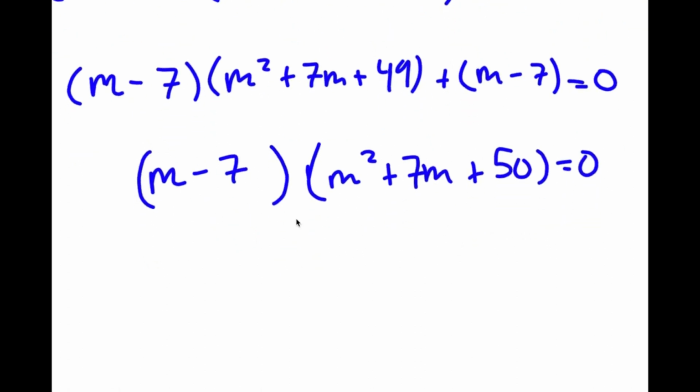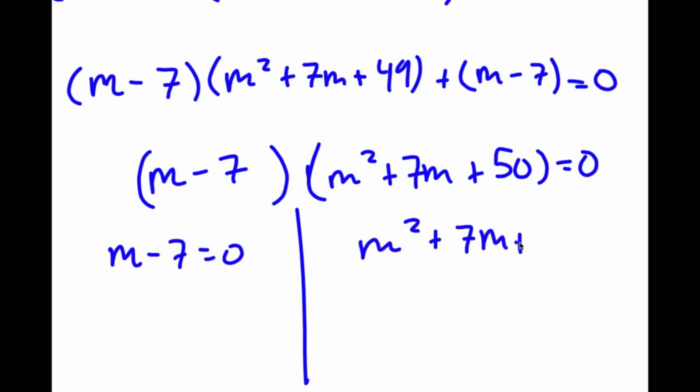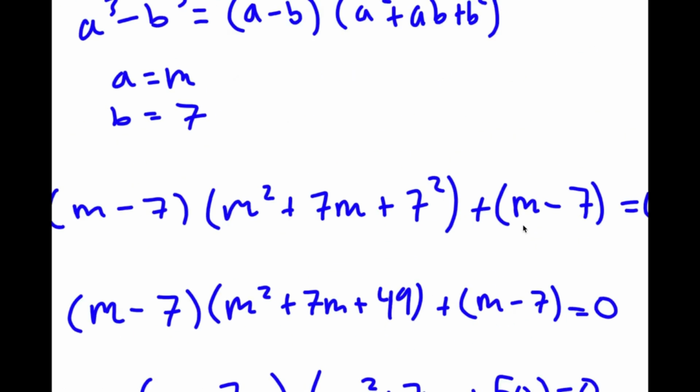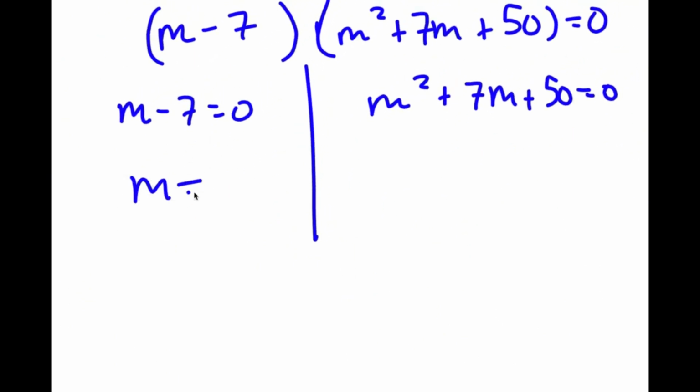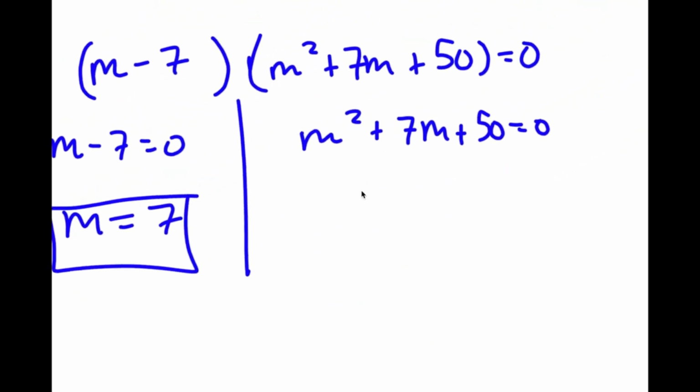So this is equal to 0. So now this gives me two equations. I have m minus 7 is equal to 0, and I have m squared plus 7m plus 50 is equal to 0. So m minus 7 equals 0. This is the same thing as m equals 7, so this is already one solution of m.